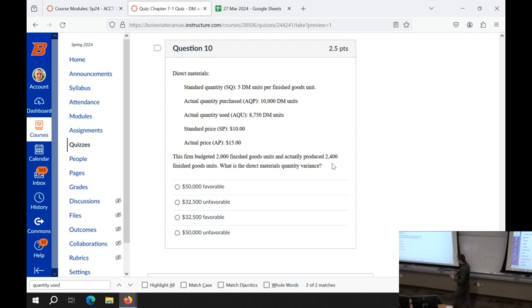The person who is in acquisitions, the person who is hiring in HR or whatever, determining wages in terms of direct labor. And so in direct materials here, we want the purchasing manager, who has control, what he or she has control over, to be the number we use to determine the variance we're going to lay at that person's feet.